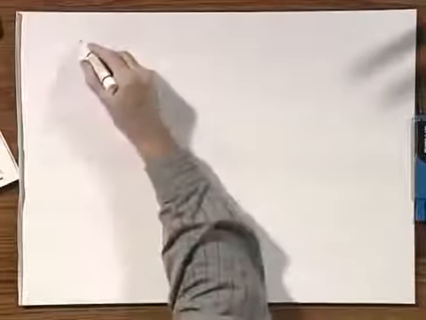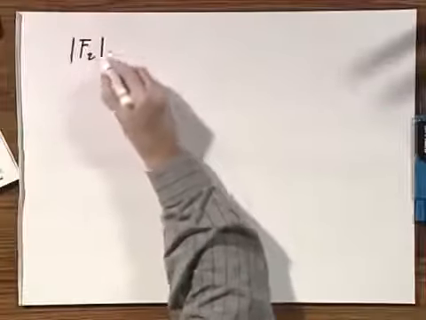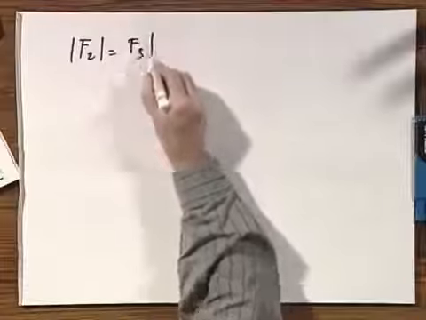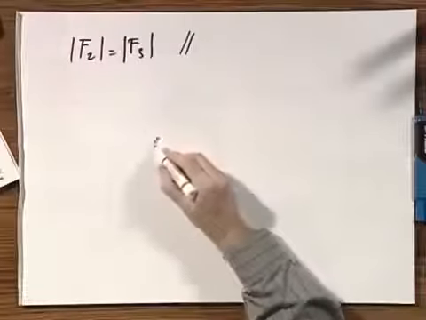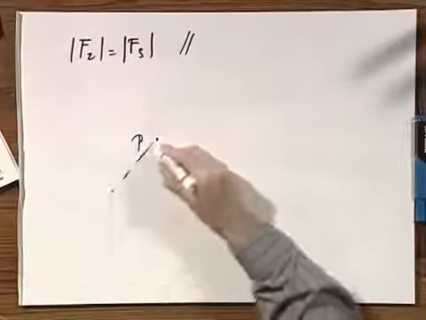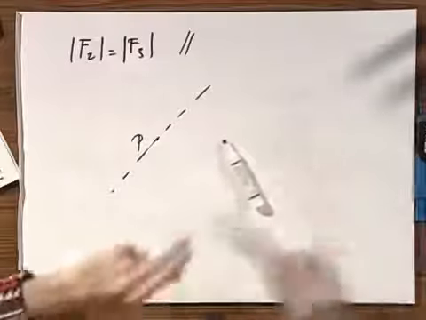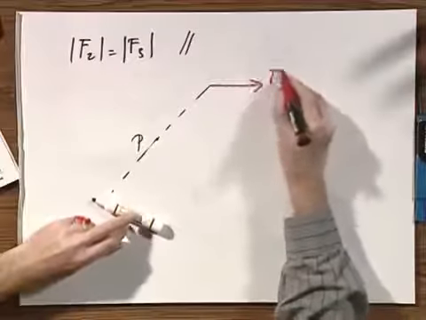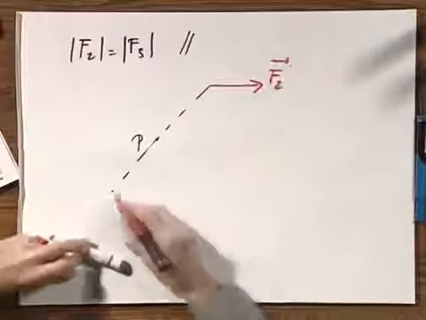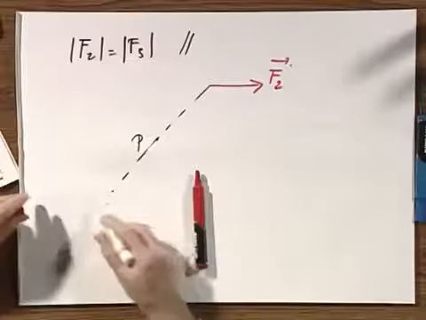Now I want to address some special cases. Let us suppose that we have that F2 equals F3 and that they are parallel. So here I have a point P, and here I have a force F2, and here I have a force F3.